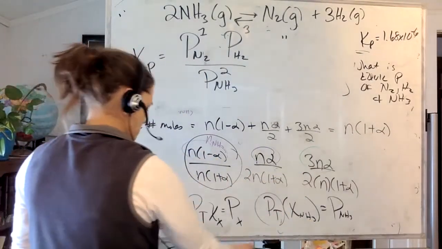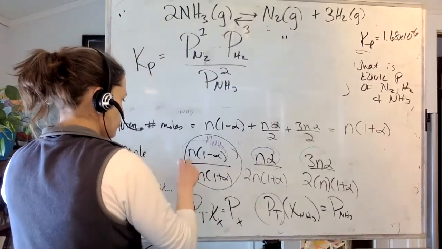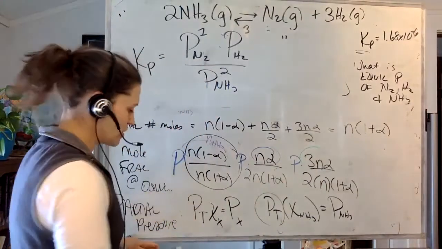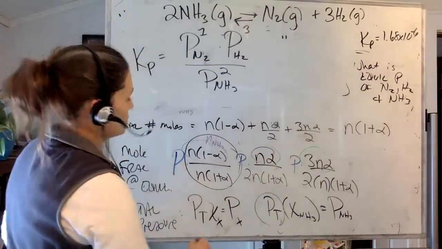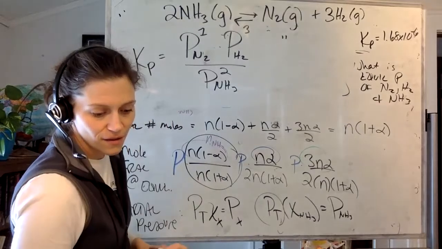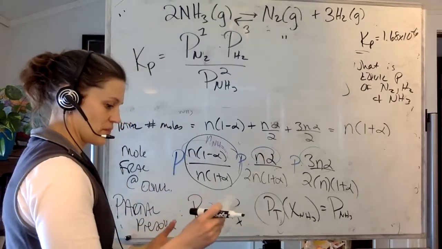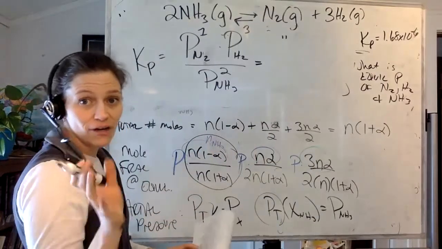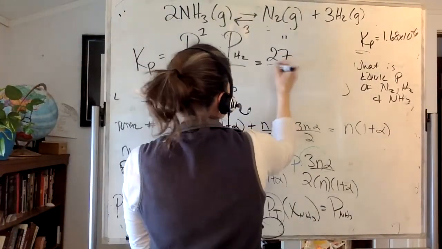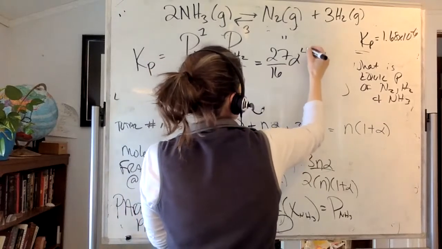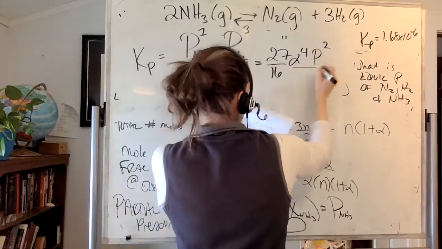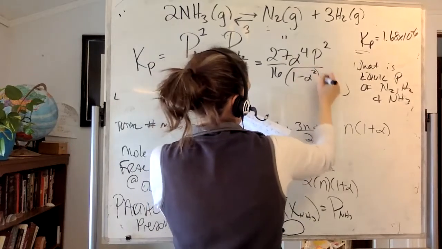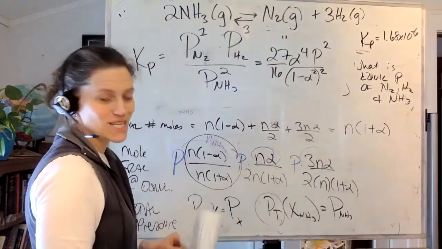So pressure times this, pressure times that, and pressure times that, which would then yield, and I'm going to have you go through all of this and verify that I am right, 27 divided by 16, alpha to the 4th, pressure squared, divided by (1 minus alpha squared), all of that squared. Go team.